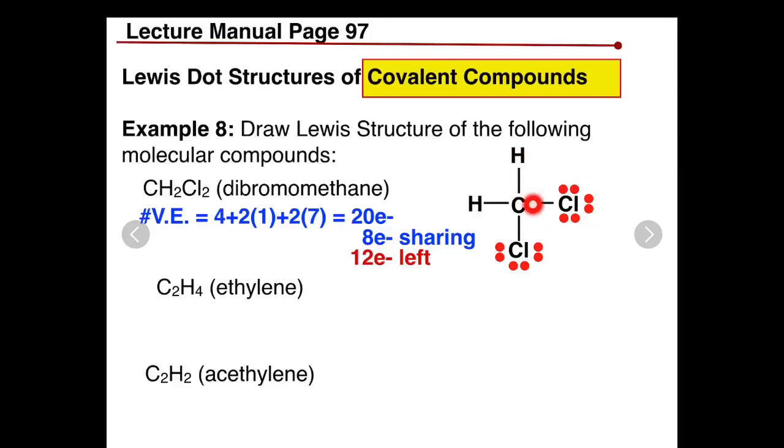You have 8 plus 8, and then plus 2 plus 2. Hydrogen made a duet, carbon made an octet, chlorine also made an octet, 1, 2, 3, 4, 5, 6, 7, 8. So in this case, this structure is a valid Lewis structure.